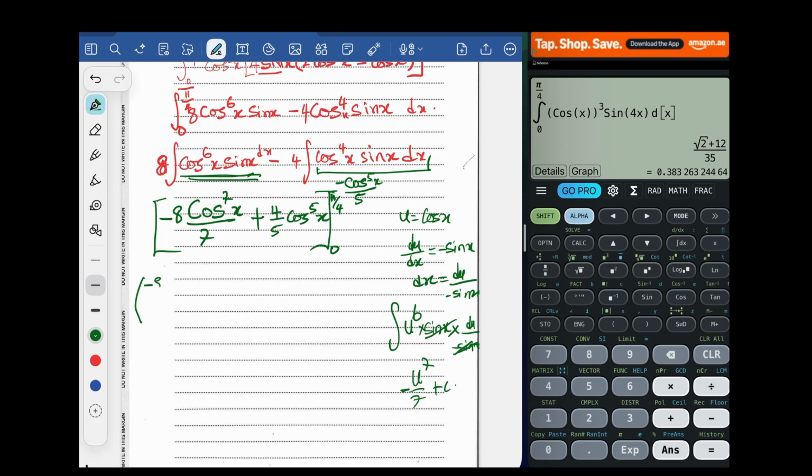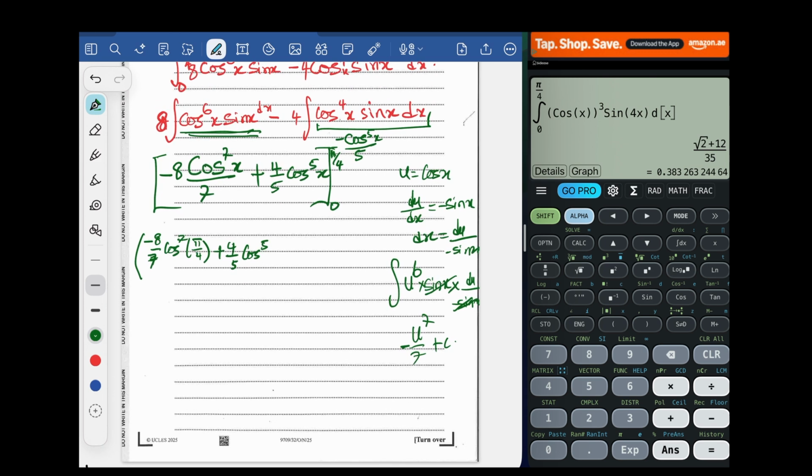So minus 8 by 7, then cos to the power of 7 pi by 4, plus 4 by 5 cos^5 pi by 4, then minus, I'll just write the other bracket down, that is minus 8 over 7 cos to the power of 7 of 0, that's 0.